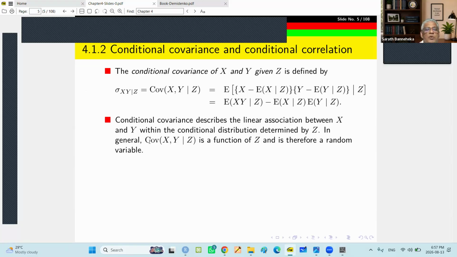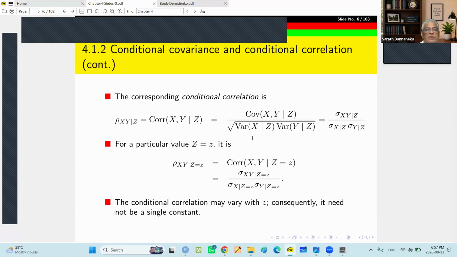In particular, if we talk about the covariance between x and y given capital Z equal to some value simple z, in that case it is going to be a function of simple z.